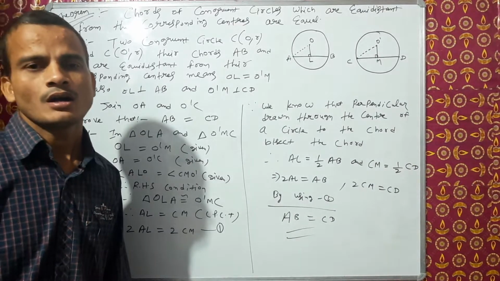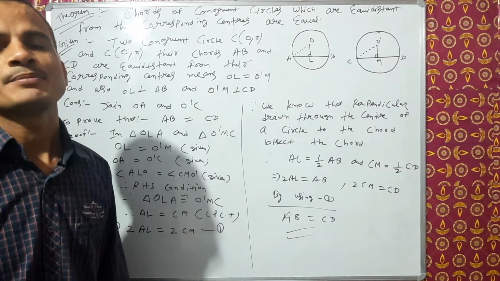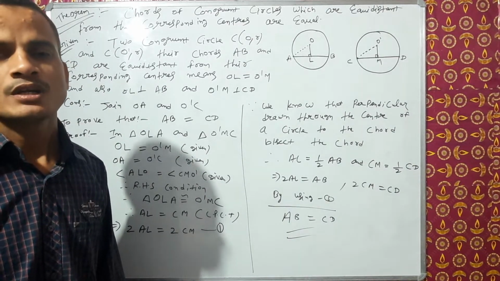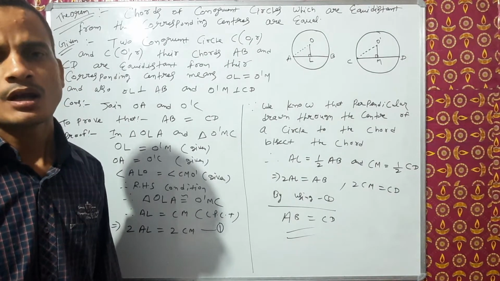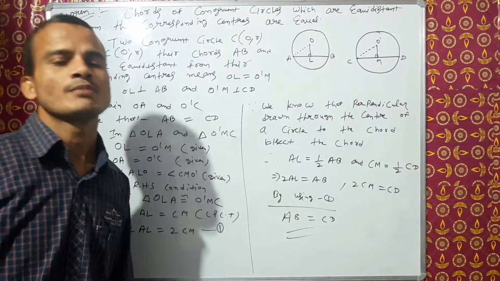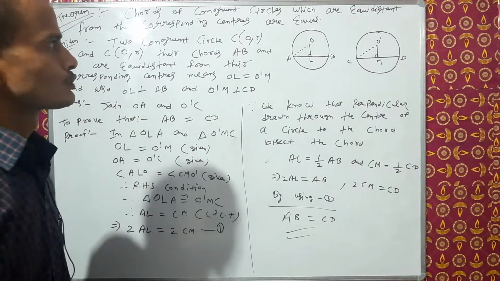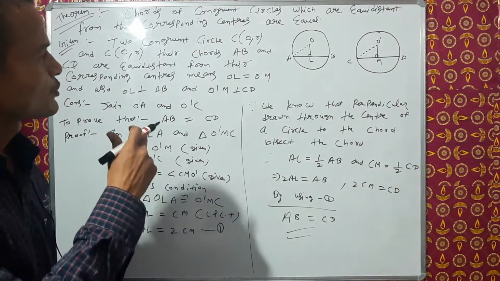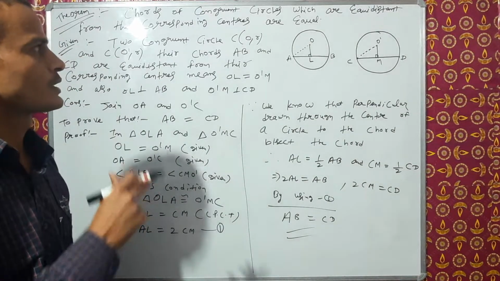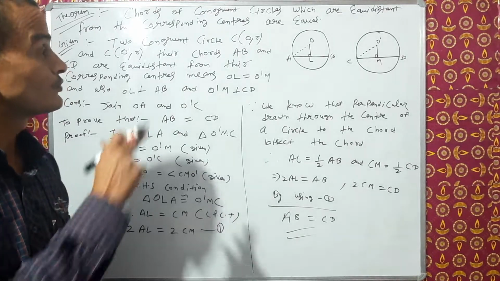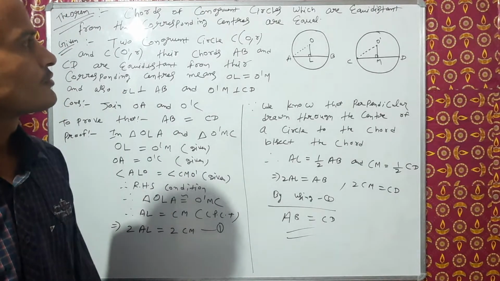If you didn't see my previous video, then you can go to my video section and see it. So we discuss this property today, and we also prove it. So let's start the discussion.